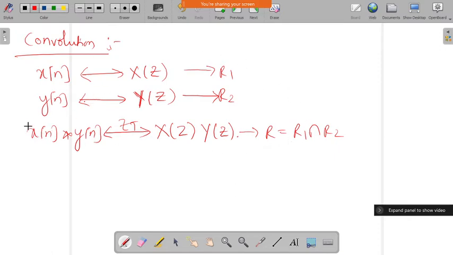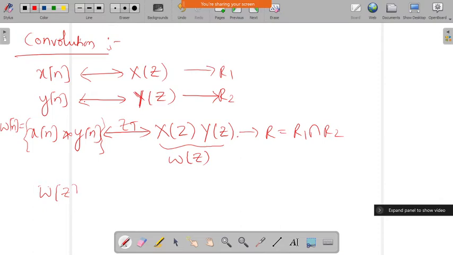Even we can take the two signals which are convolving each other as some w of n, which is equal to the convolution of these two signals, and we can arrive at the resultant W of z. Now we will try to prove this. Take the signal which is a convolution of these two signals. I need to find out what W of z is.